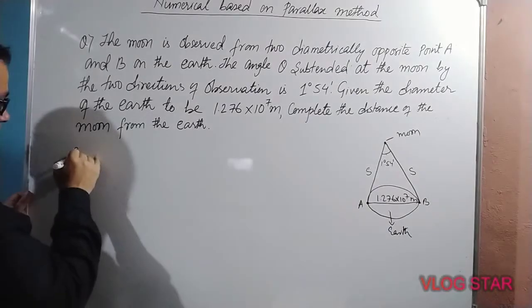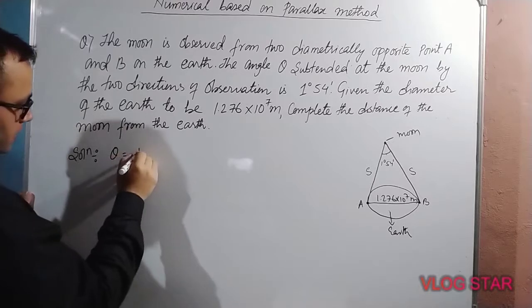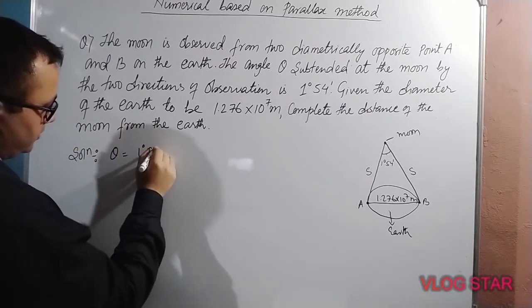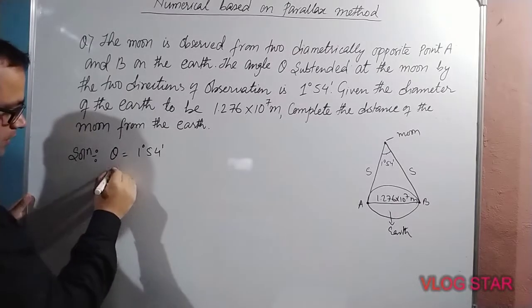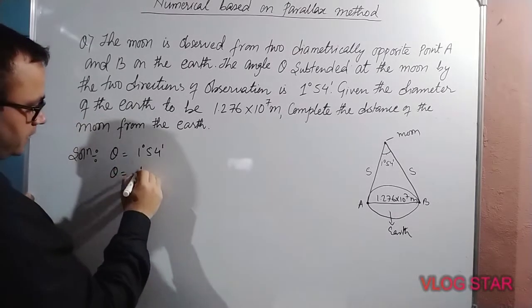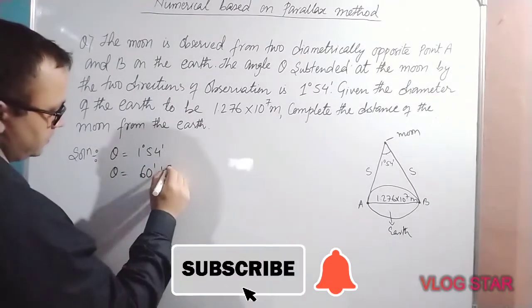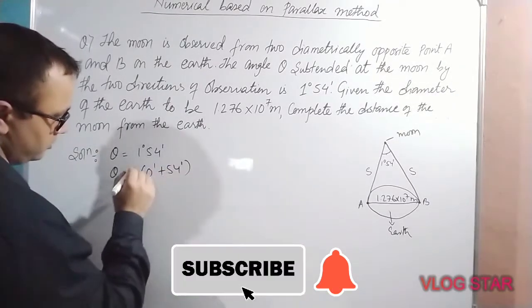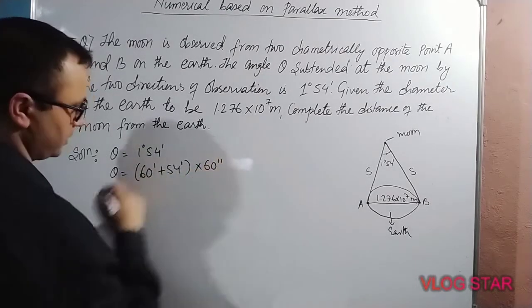So first we will calculate the angle theta. Theta is 1 degree 54 minute. 1 degree is 60 minutes, plus 54 minutes. Now we need to multiply by 60 to convert it into seconds.